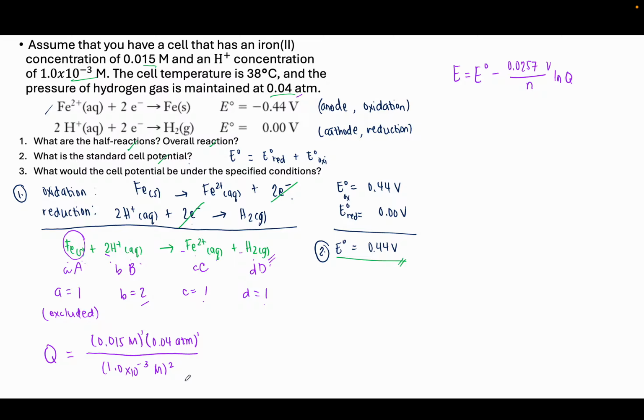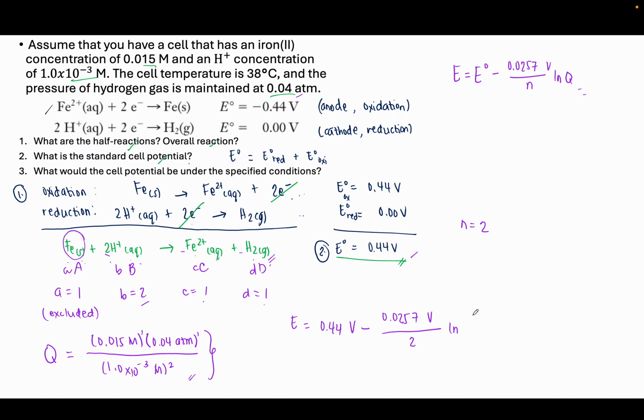So E, we will plug this in here. Cell potential E is equal to E naught from number 2, that's 0.44 volts, minus 0.0257 volts, all over, we go back to our equation, n is equal to 2 electrons, times ln of this whole term.